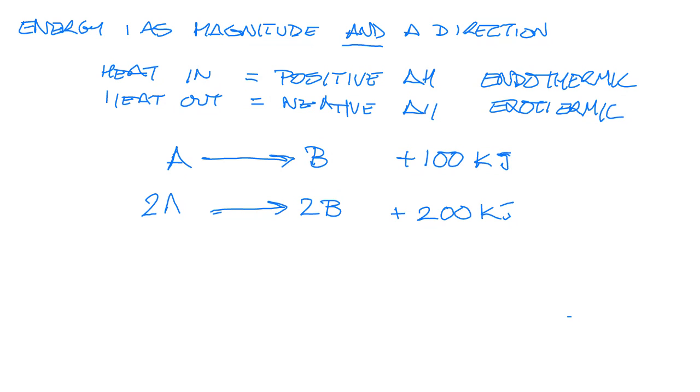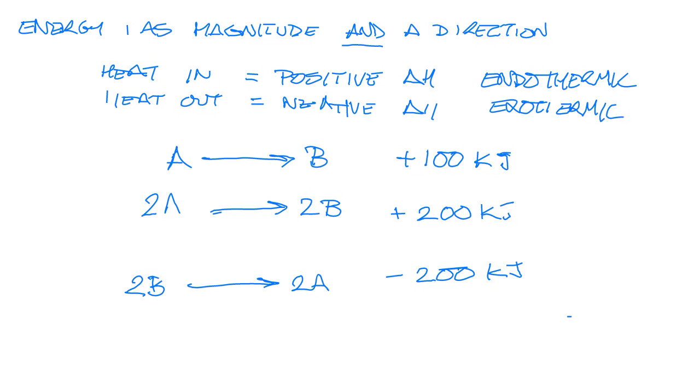Here's the other thing. If I can make that reaction turn around and go the other way, so that I can turn B back into A, the magnitude stays the same, but the sign, the direction, changes. Okay?